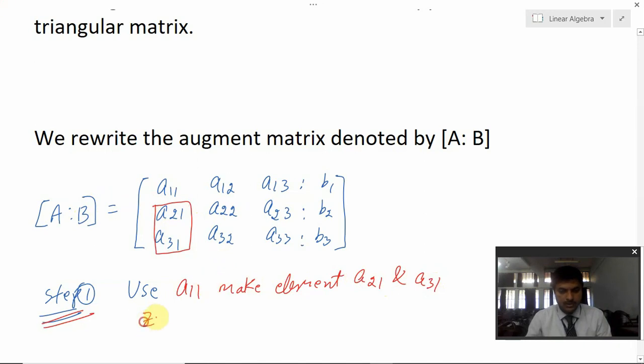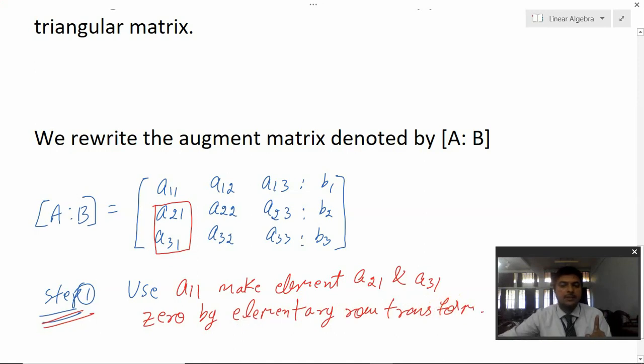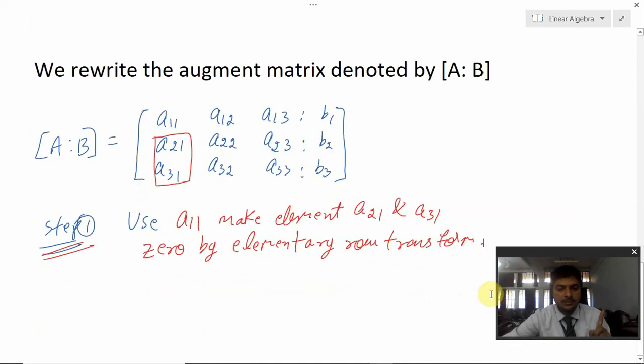You have to make these 0 only by elementary row transformations. Is it clear? So you have to make these 0. Keep this in your mind. Then you have to write the next augmented matrix. You have to rewrite this augmented matrix.